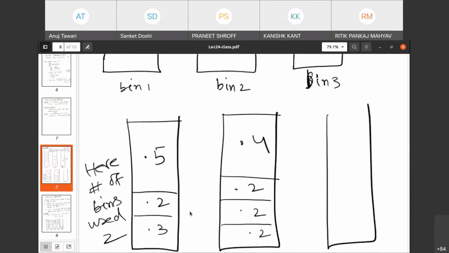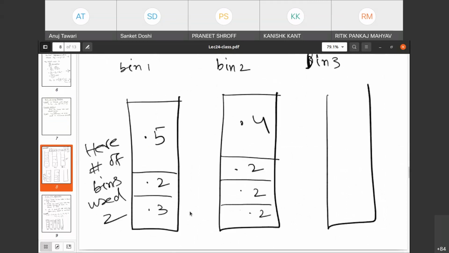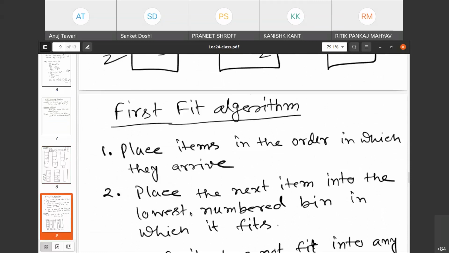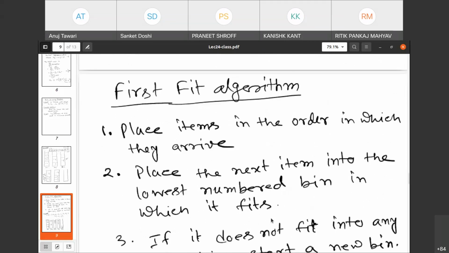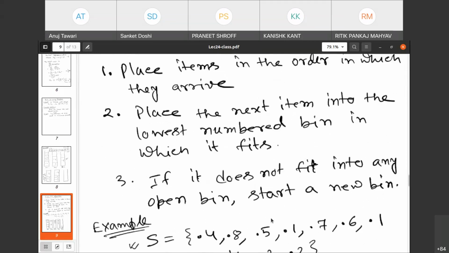Based on that, you have to make a decision regarding what will be your output. So we place items in the order in which they arrive and place the next item into the lowest numbered bin in which it fits. And if it does not fit into any open bin, then we start a new one.